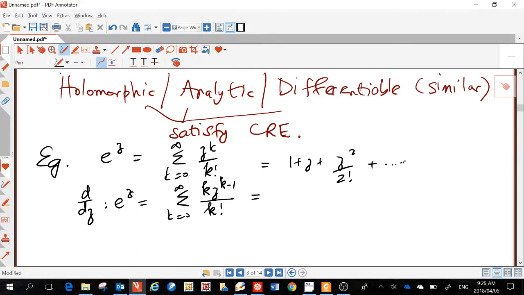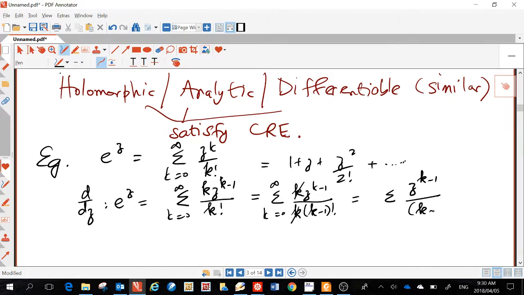And do a little massaging here. Remember, k factorial is the same as k times k minus 1 factorial. I can kill the k's. And this boils down to exactly the same shape: z to the k minus 1 over k minus 1 factorial, k equals 0 to infinity.